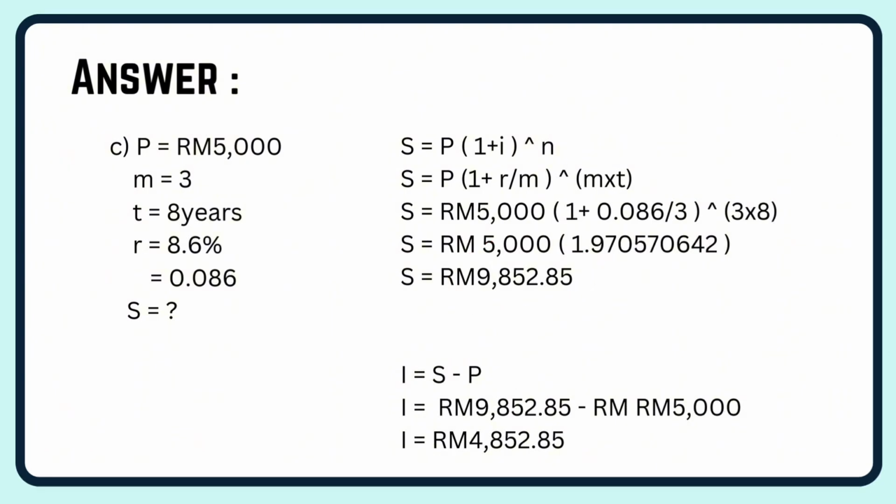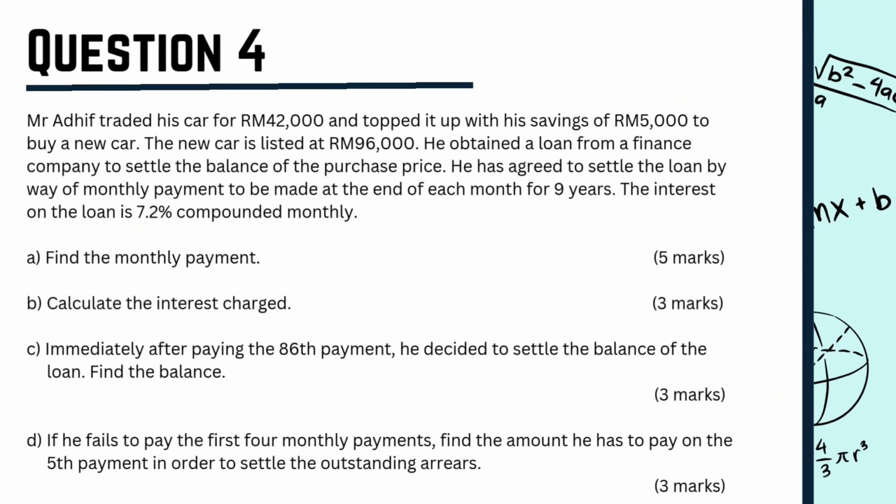And after we got the S, we need to substitute into the formula of I equals S minus P, and then we just minus it, and we got the final answer is 4,852.85. So we move on to question 4.